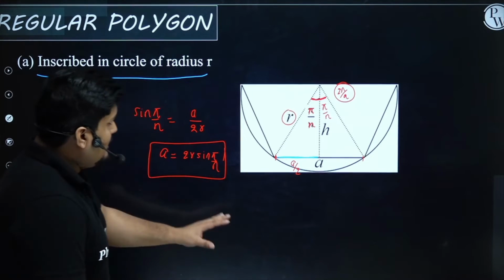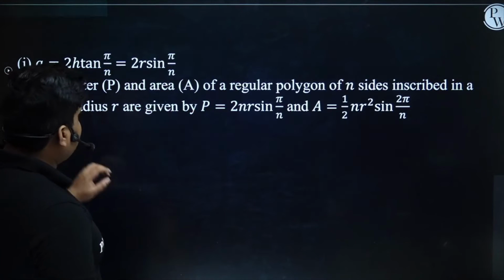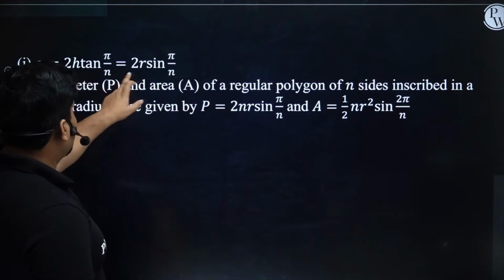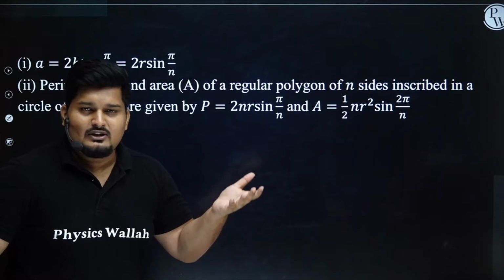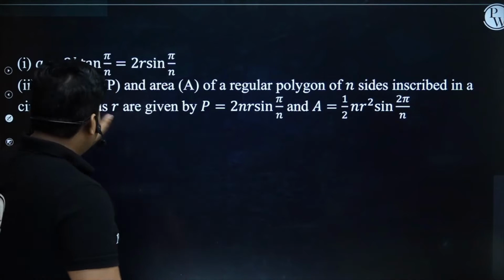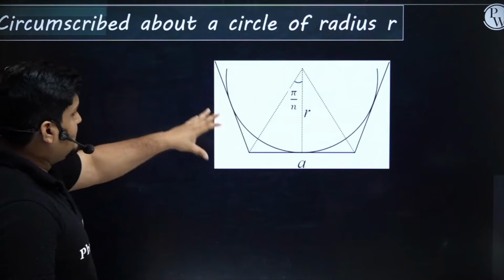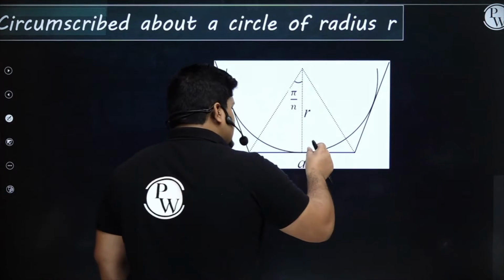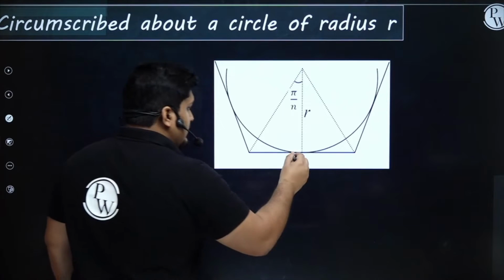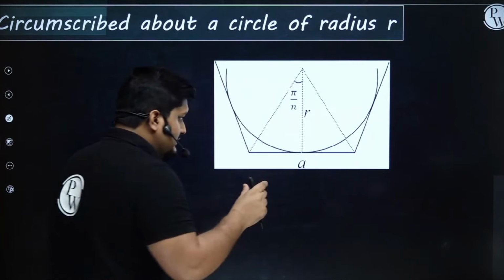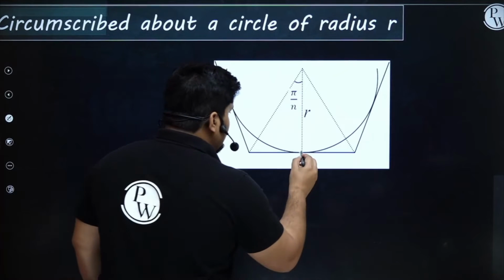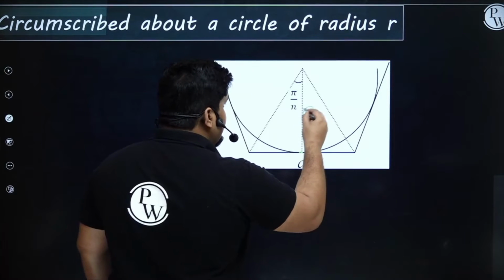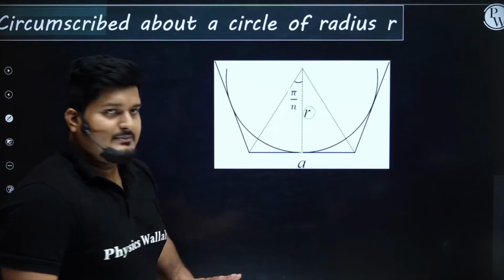So for the inscribed type, the relation we got is 2r sine pi by n. You can find area, you can find perimeter, right? The second type is where the polygon is ascribed, circumscribing some circle. In this second case, this is the radius r, and the angle will remain the same, pi by n.